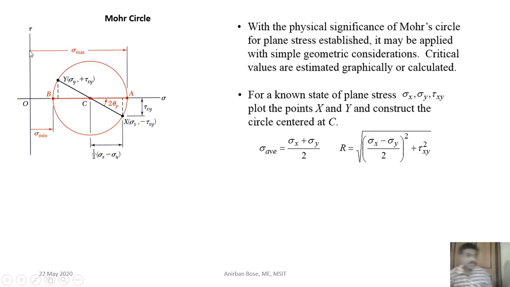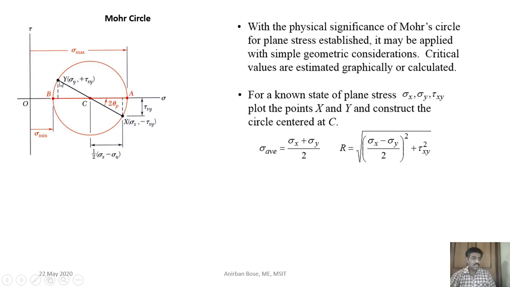If you consider tau to be positive in the sign convention that we have mentioned, then you have to plot sigma x comma minus tau xy here, and sigma y comma plus tau xy here.